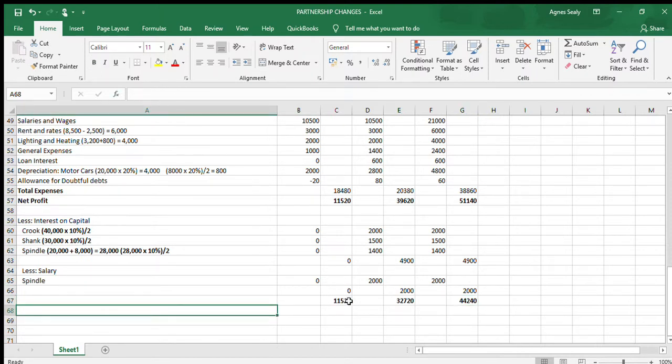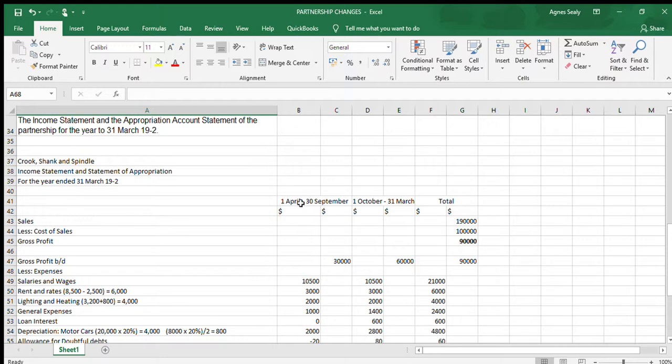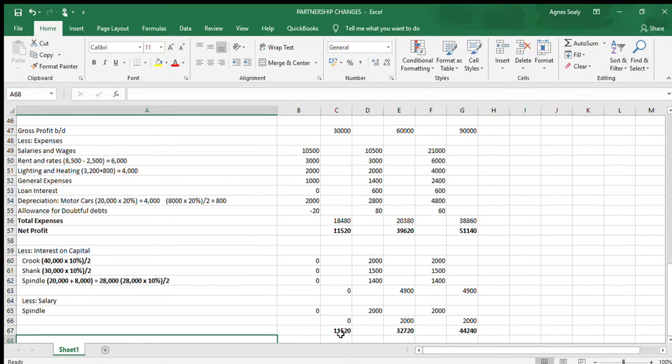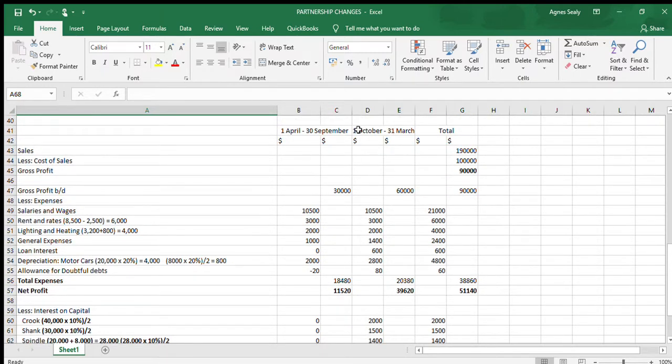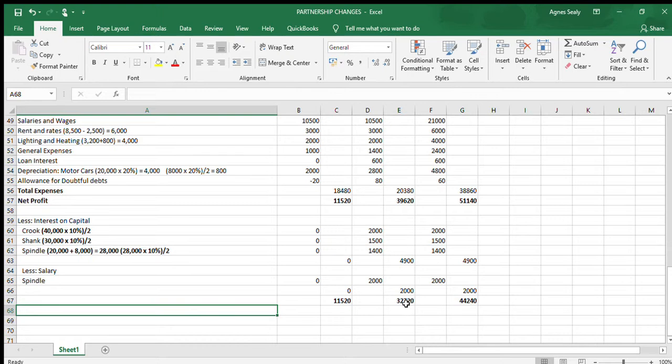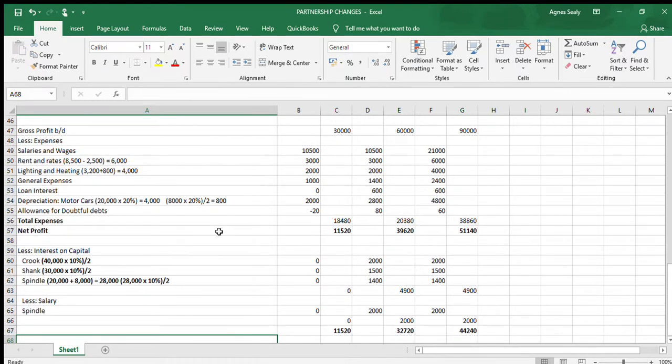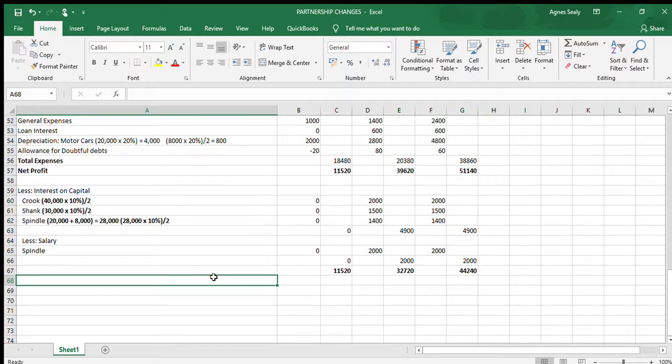So the profits that are to be shared among our partners for April to September is 11,520, and for October to 31st of March is 32,720, and we have to share these profits among these partners according to their profit sharing ratio.